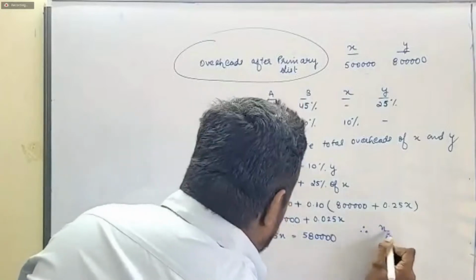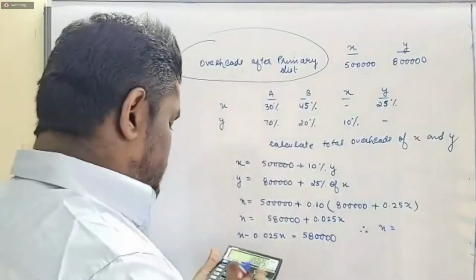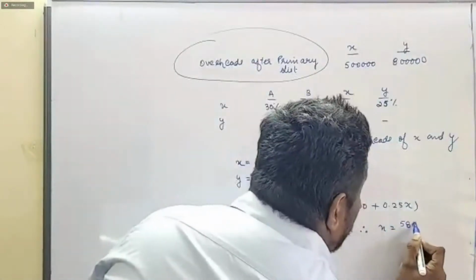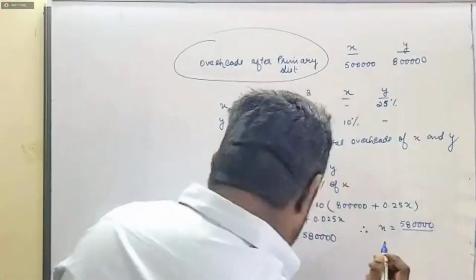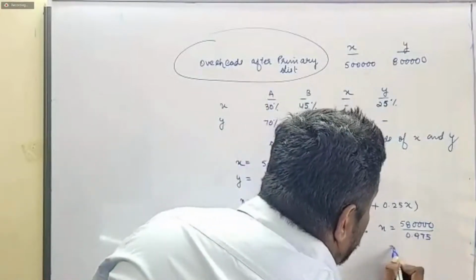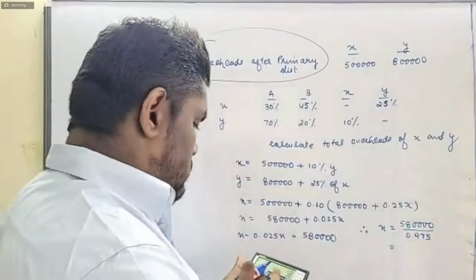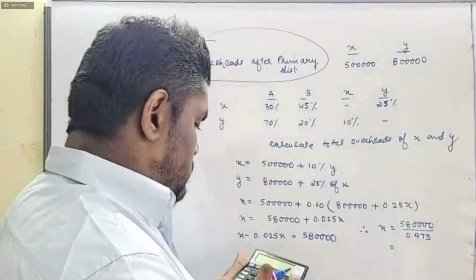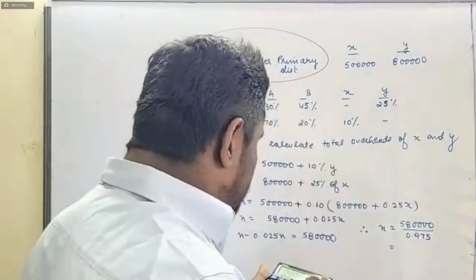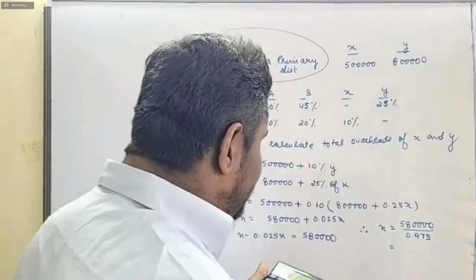Therefore, the value of X will be 5 lakh 80,000 divided by 0.975. So this will be 5 lakh 94,000. Sorry, 5 lakh 94,872.